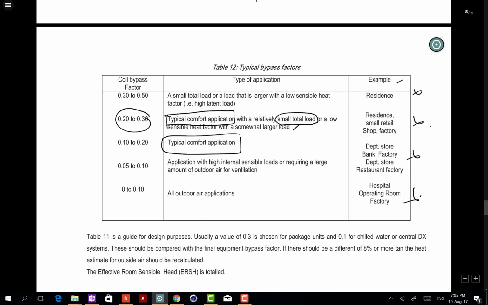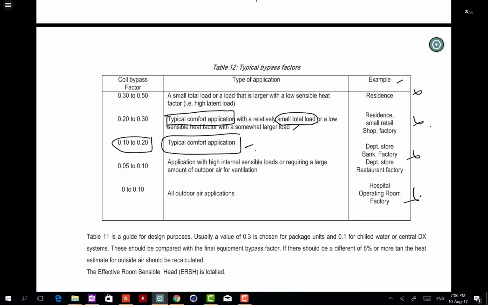Generally, if you do not know which type of application to use, you can use the third one. The value ranges between 0.1 to 0.2. So which value do we want to use? 0.1, 0.11, 0.12, or 0.20?